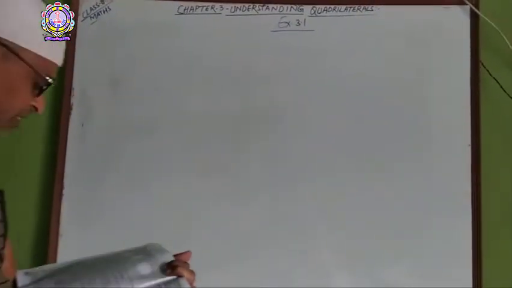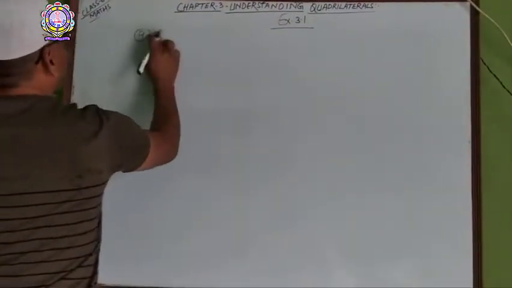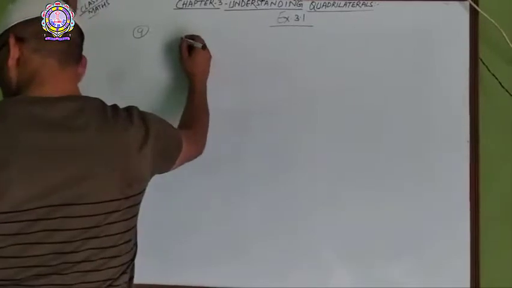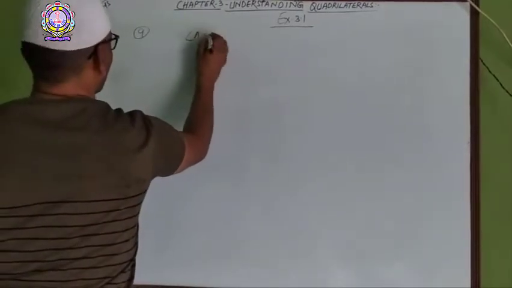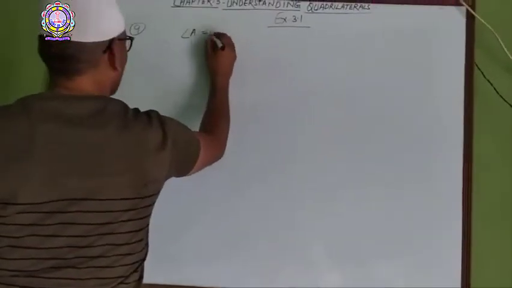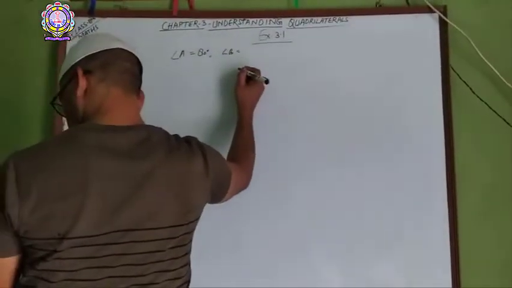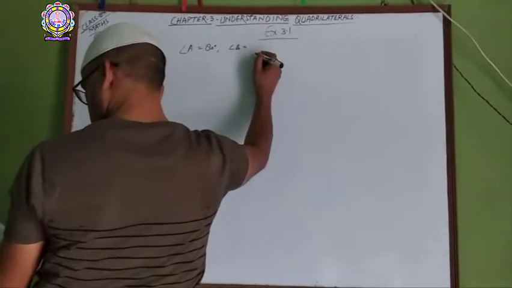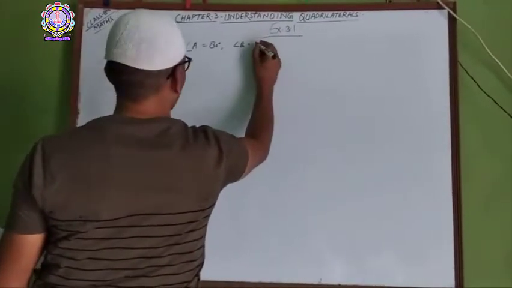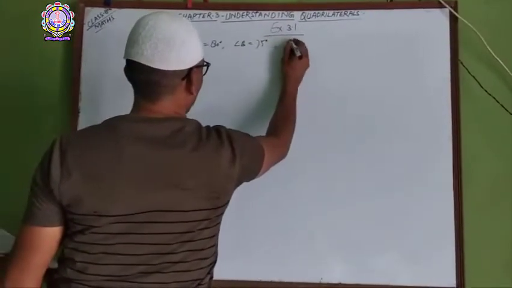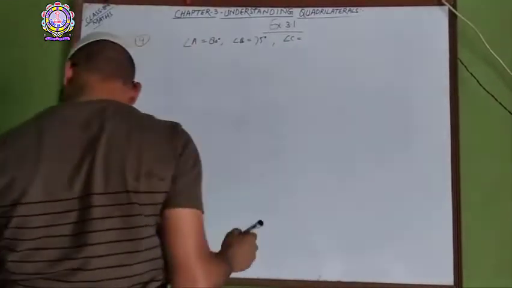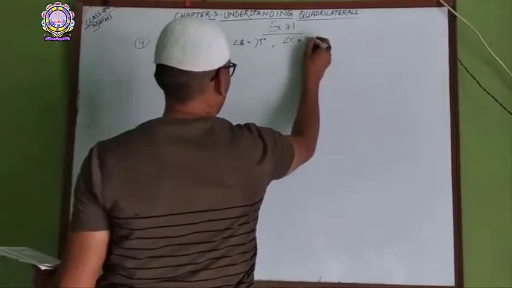In a quadrilateral ABCD, angle A is equal to 80 degrees. Angle B is equal to 75 degrees. Angle C is equal to 100 degrees.